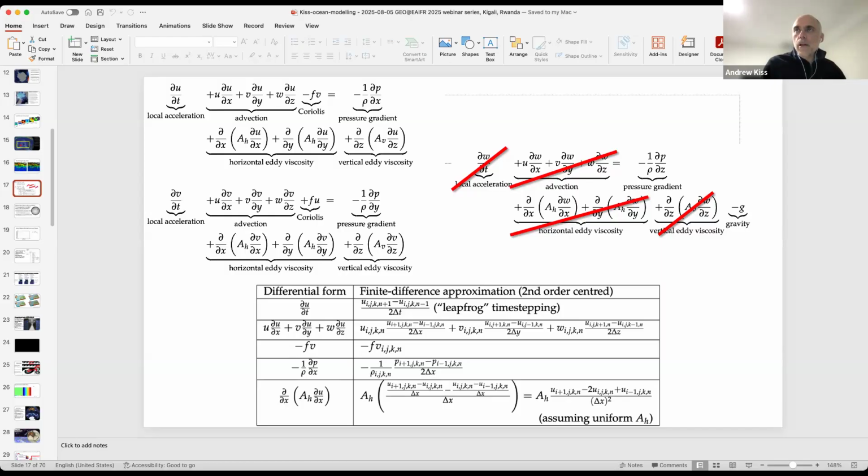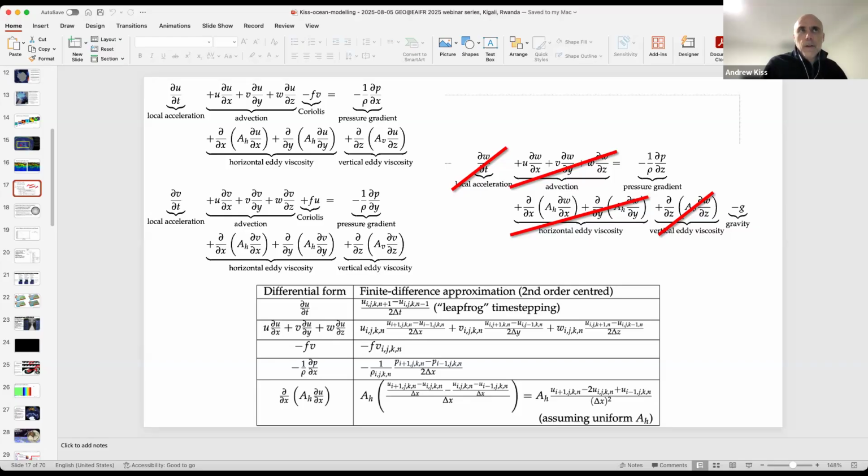Uncertainties in the model. There are some kind of known problems. One of the known problems is the numerical methods that we use. All numerical methods have problems of one sort or another.